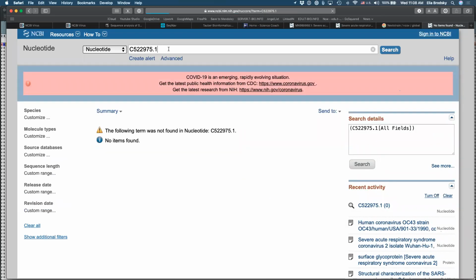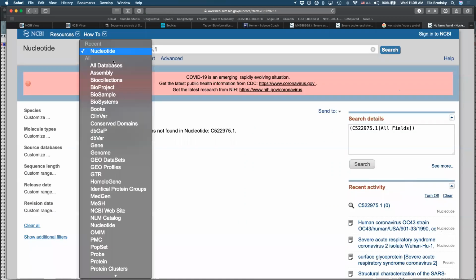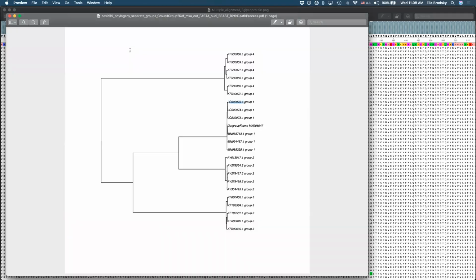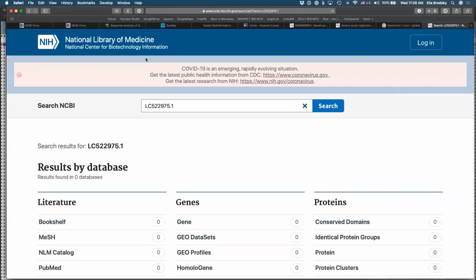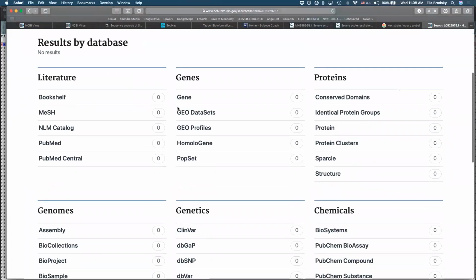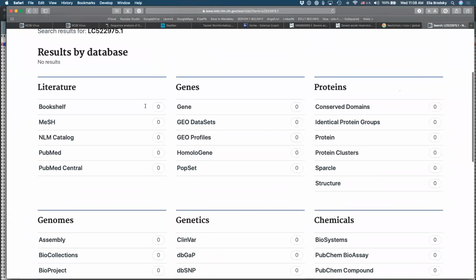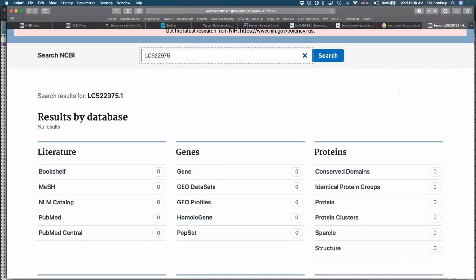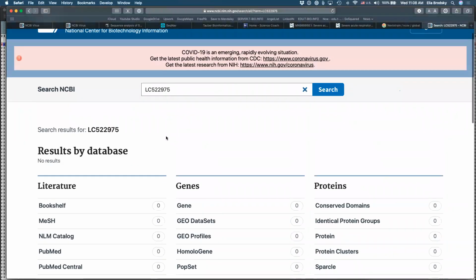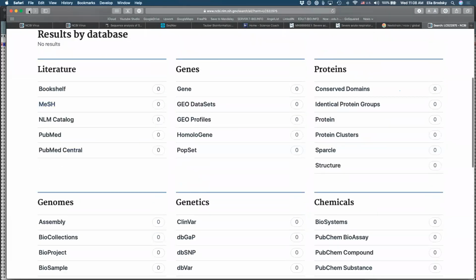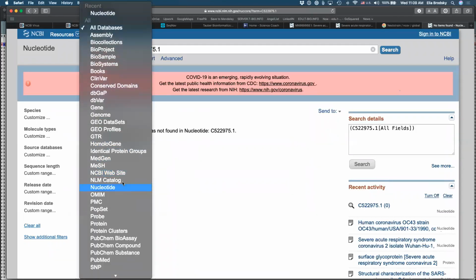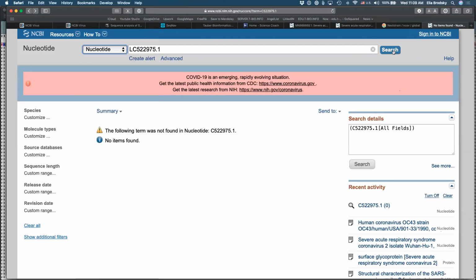Because I had a space. Oh, that's a K, right? LC. Okay, so here again, we will have the nucleotide, sorry. Where was it? Nucleotide.